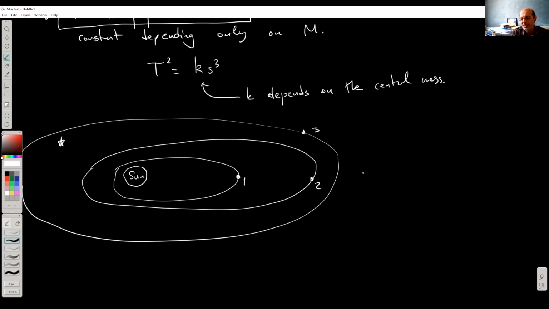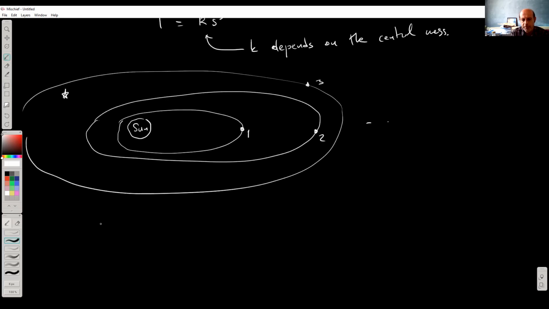So that's the third one and so on. If you just consider all the other planets, basically for each planet, we have the same constant in front. So basically this constant of proportionality is the same. And as a result, we have this relationship for all planets, right? I from 1, 2, 3, and so on.